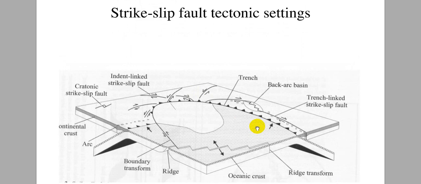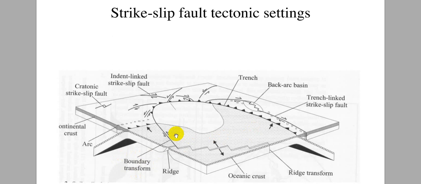Where will we find strike slip faults, or what is the tectonic setting of strike slip faults? Actually, strike slip faults are found in many tectonic settings. We'll start with the most common and most pronounced habitat of strike slip faults, that is transform plate boundary, like San Andreas fault, like Dead Sea transform fault.